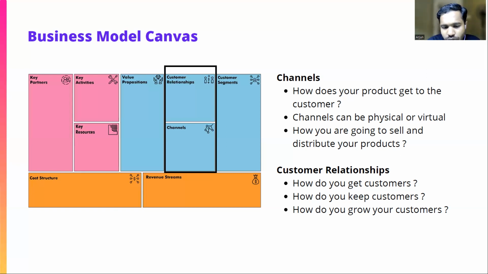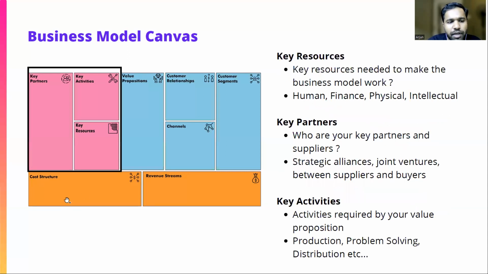Whether you are going to do some digital marketing, and if you are, are you going to hire some people to help you do this digital marketing, or are you going to have a dedicated customer relationship manager to take care of establishing good relationships with your customers? All of these things are going to impact your cost structure also.